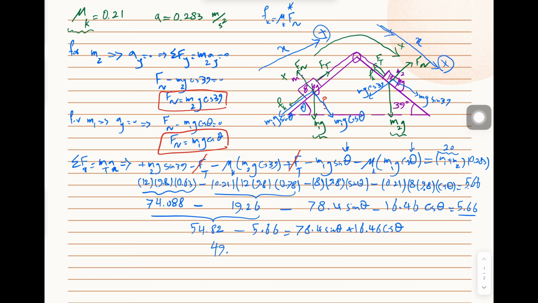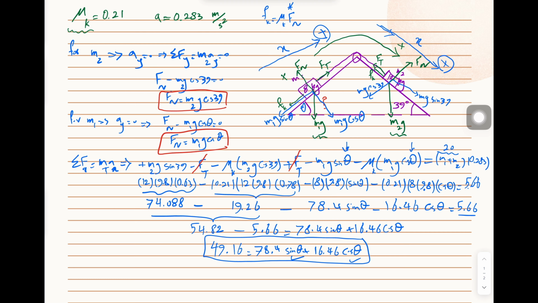Then 49.16 equals to 78.4 sine theta plus 16.46 cosine theta. Now I can isolate one of those variables because I have one equation here. However, I have two variables, right? So then I can isolate one of them versus the other one.